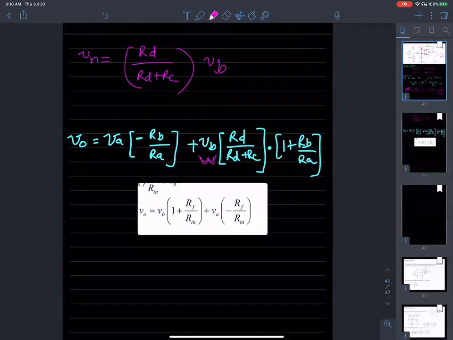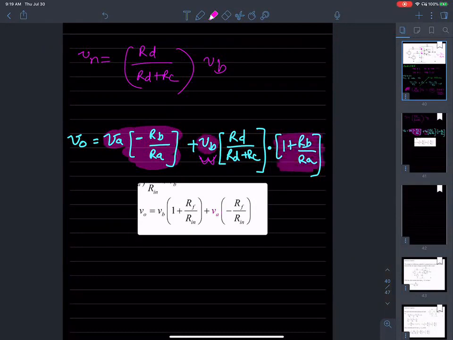This Va is right there, multiplied by the negative Rb over Ra term. So Va multiplied by some negative term, followed by Vb multiplied by 1 plus Rb over Ra.